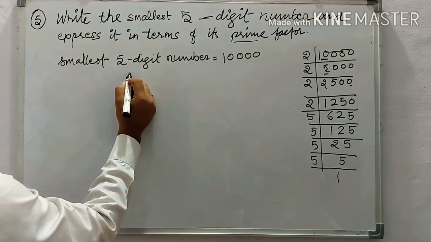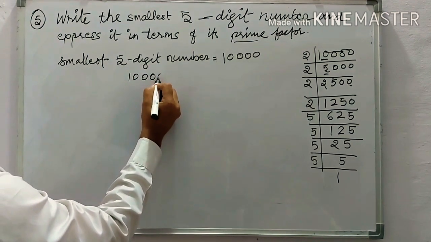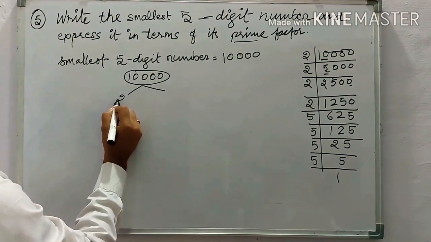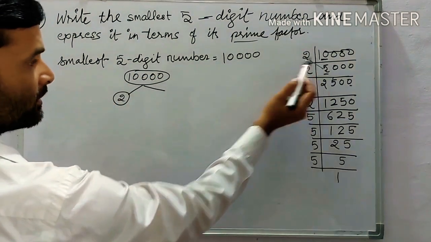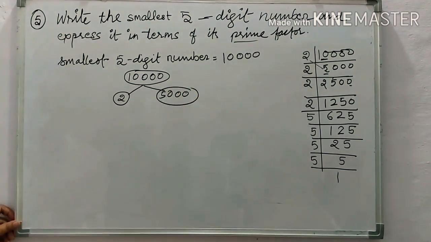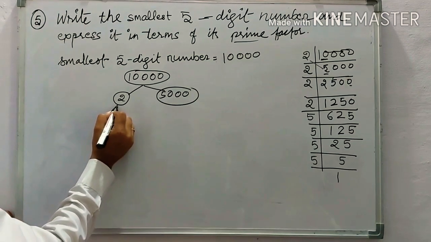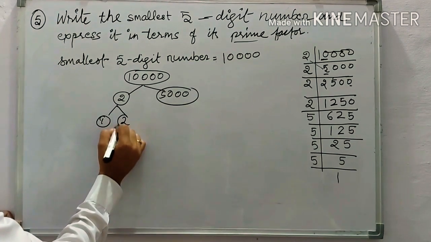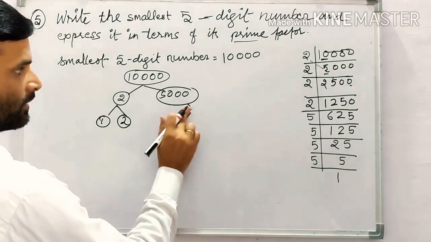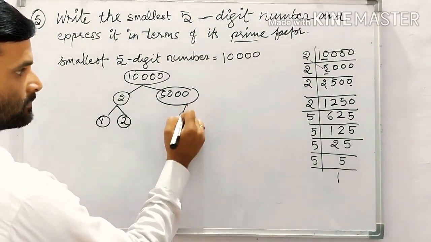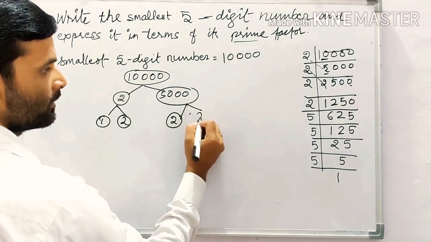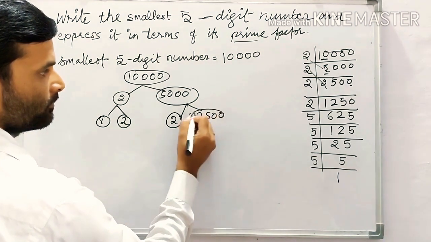Now 10,000. First divide by 2: 5,000, sorry, and 2 is finished. The next number is again 2, and 2500.